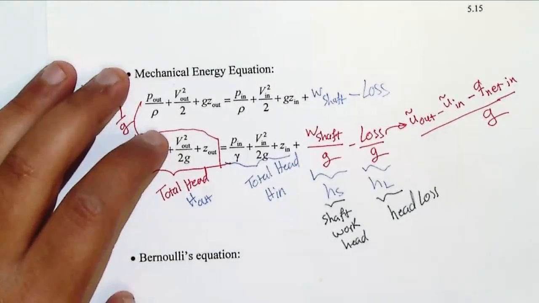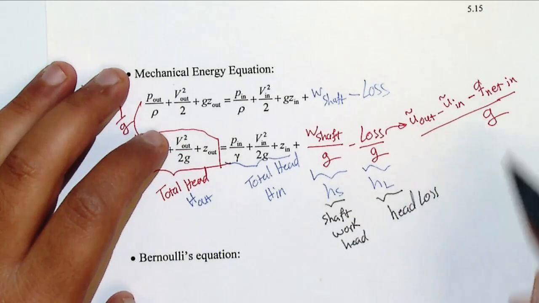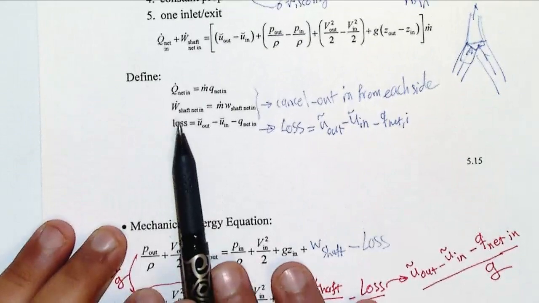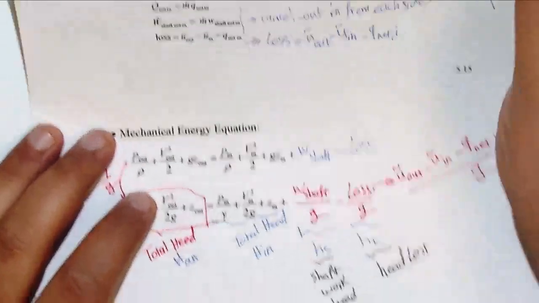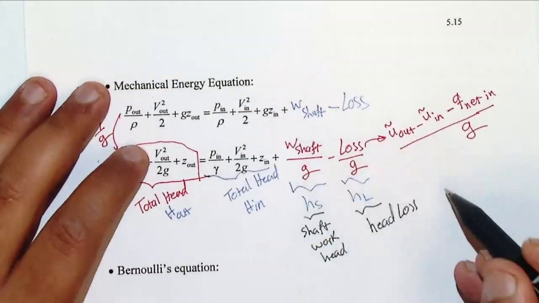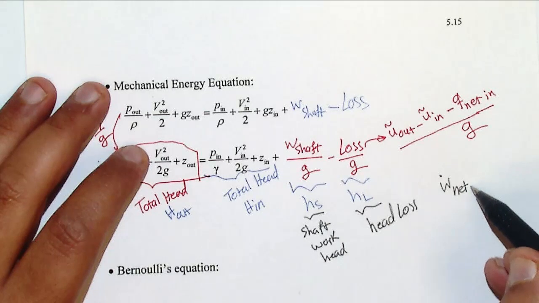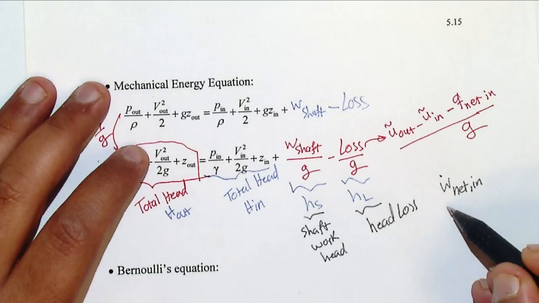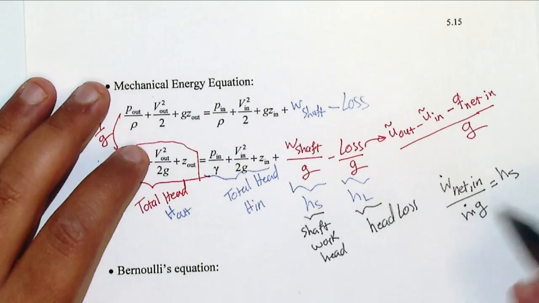And you remember the W shaft. For H loss, you have U out, U in, and Q net in, right? You assume that this is your loss, and you bring in the m dot out. But here, if you assume the work is W dot, the total net rate in, over m dot is going to be your W shaft, and times g is going to be your HS.